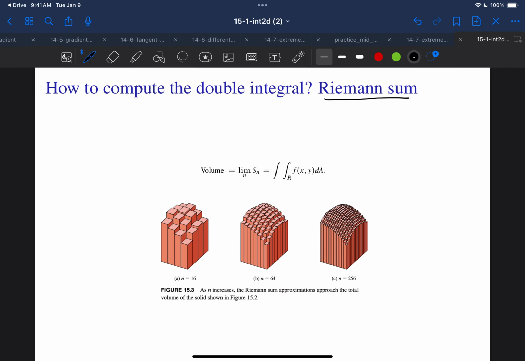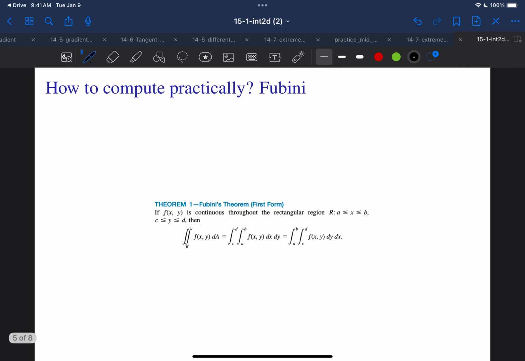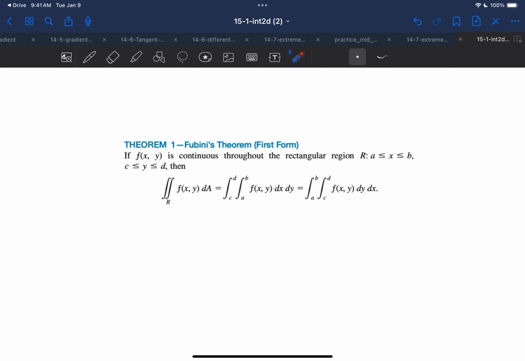All right, to calculate these, we have to talk about Fubini's theorem. So first, let's see what we mean by Fubini's theorem. If we read it, f of x, y is a given surface, or the top of your tent, which is continuous.